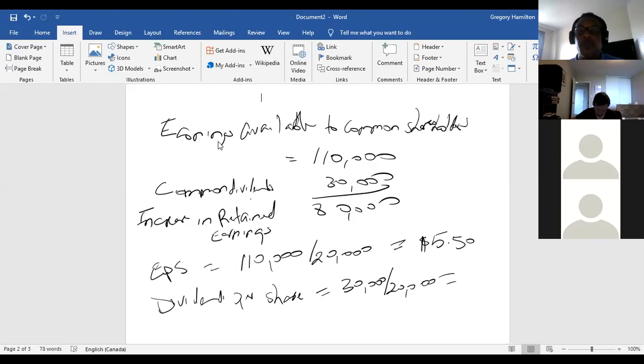That should give us about $1.50 per share. The dividend per share also tells you how much each shareholder will get. So if I have 10,000 shares, for example, then I would receive 10,000 times 1.50.